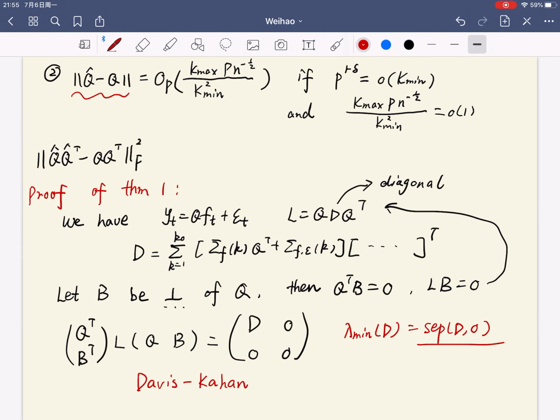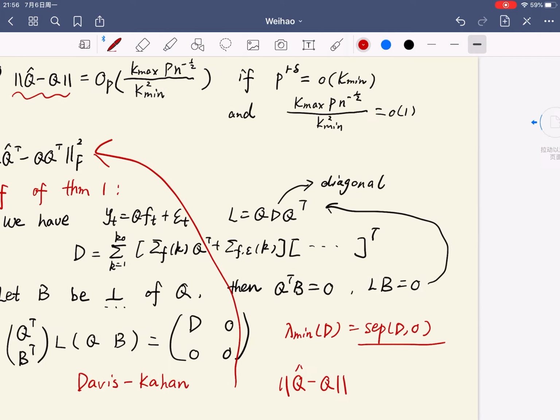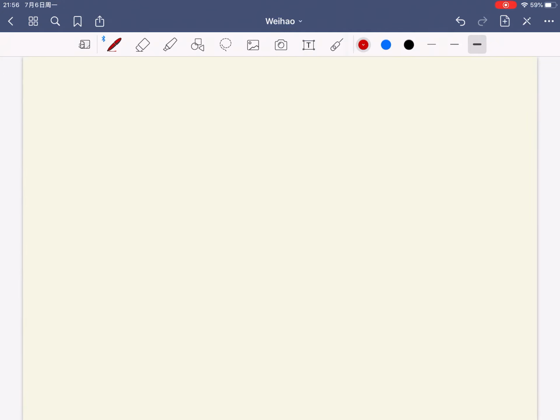For our problem, we cannot apply the Davis-Kahan theorem, because it is for the perturbation of the eigenspace, which is not this case. For our case, we directly bound the parameter in L2 norm, so we need another assumption.